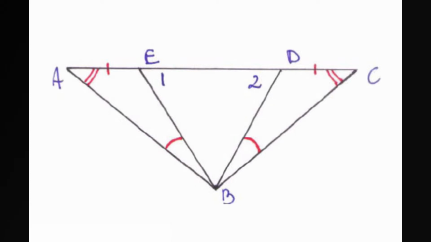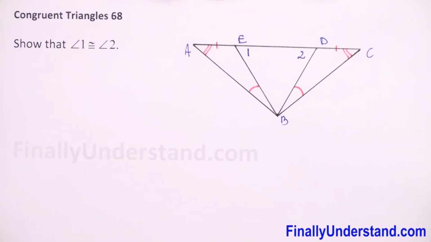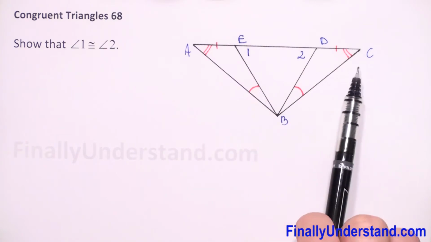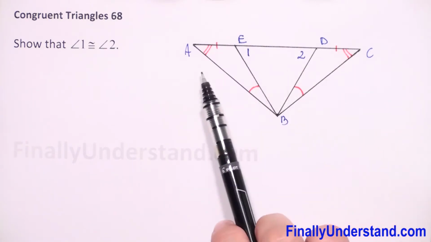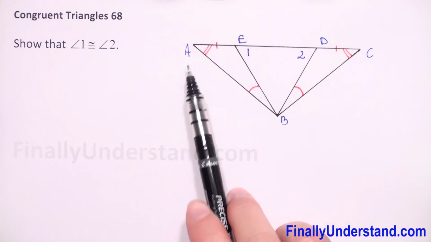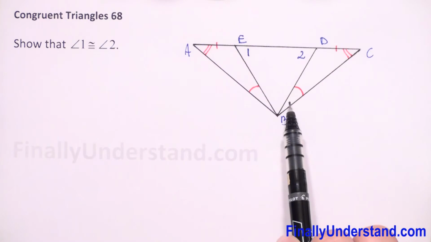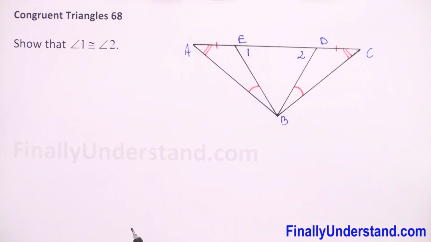We have to show that angle 1 and angle 2 are congruent. Let's see to our diagram. We have given that angle A and C are congruent. What else? We have that ABE and CBD are congruent too.